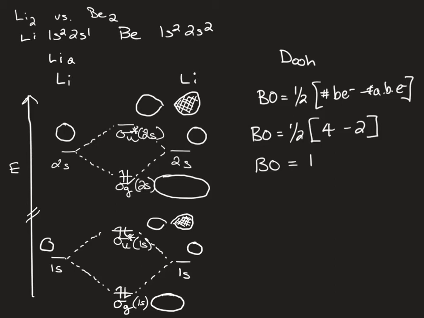Going forward, we're going to do a few things to simplify this qualitative MO treatment. The main thing that we're going to do is we're going to only focus on the valence orbitals. We're going to treat all of the orbitals that are lower in energy than the valence orbital as core orbitals.